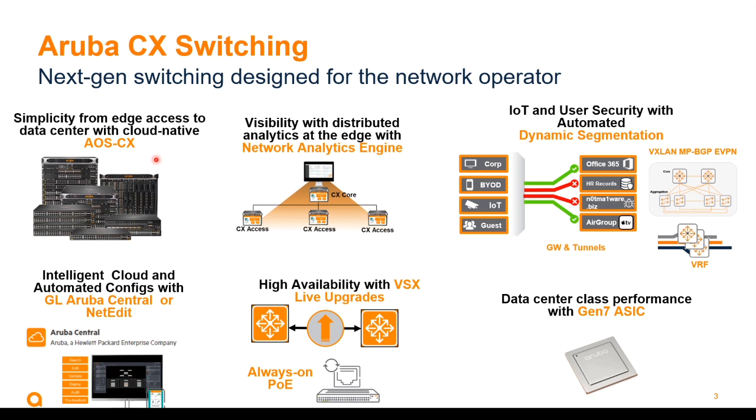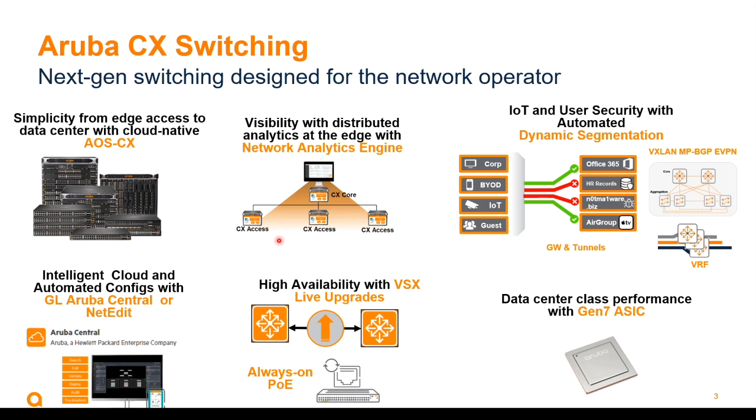So let's quickly go over some of the benefits of our Aruba CX switching portfolio. First of all, we have a single cloud native microservices OS from access to core to DC, providing simplicity and uniformity to networks across the whole enterprise. Then we have GreenLake, Aruba Central or NetEdit 2 for intelligent software defined and automated configuration and workflows and much more.